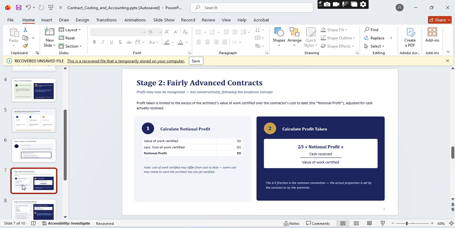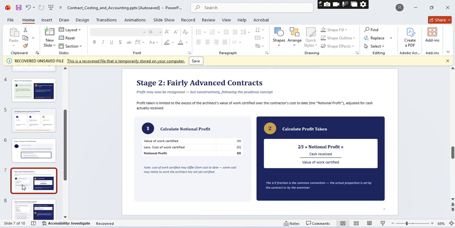So before we can begin to take profit here, we have to compare the value of work certified, okay, and the cost of work certified, okay. That is the value of work certified by the architect, okay, and the cost incurred on that work that was certified, okay.